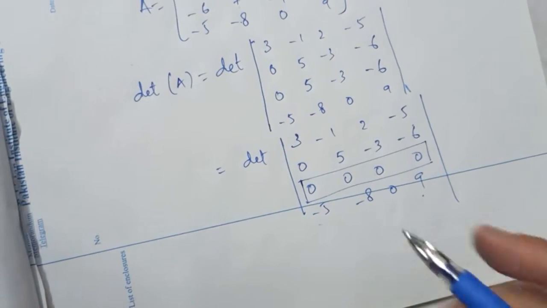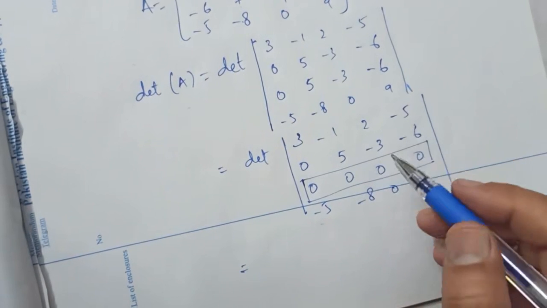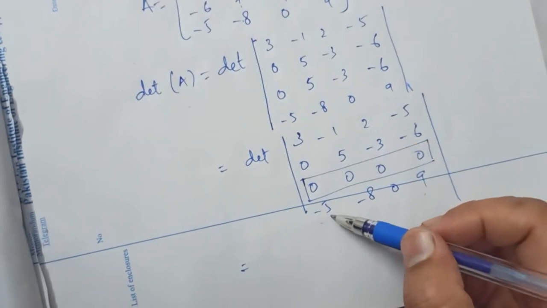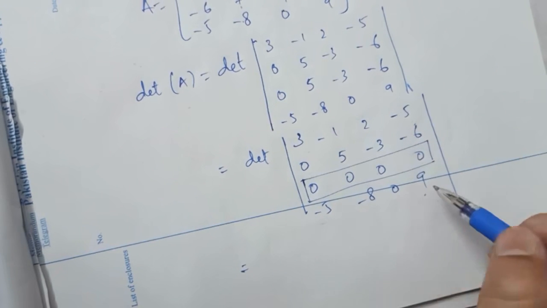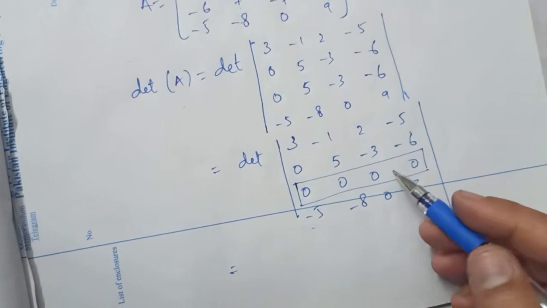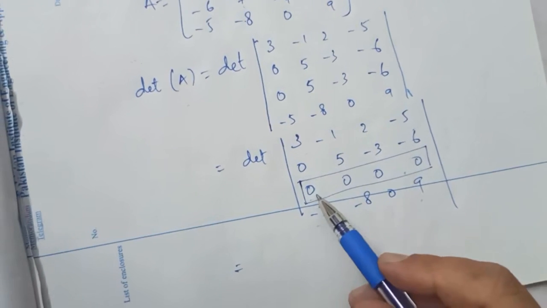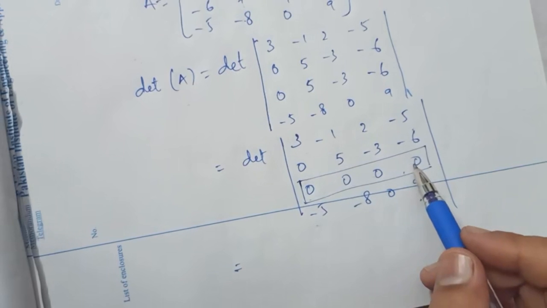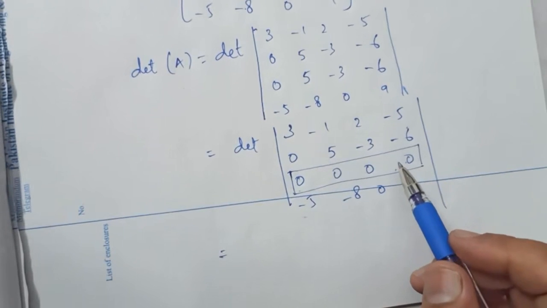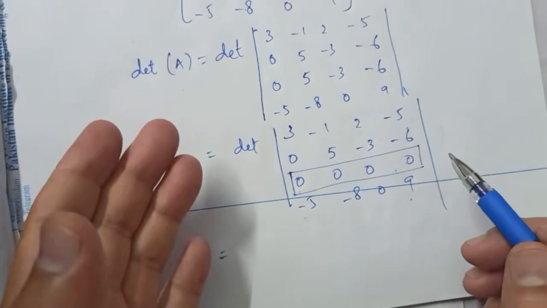Okay, now in this case we can force this to be 0 and make it lower triangular, but ideally if I do the cofactor expansion across this row here, all these things will be multiplied by 0, since the determinant of A is determined by the cofactor expansion of any row and any column, right?